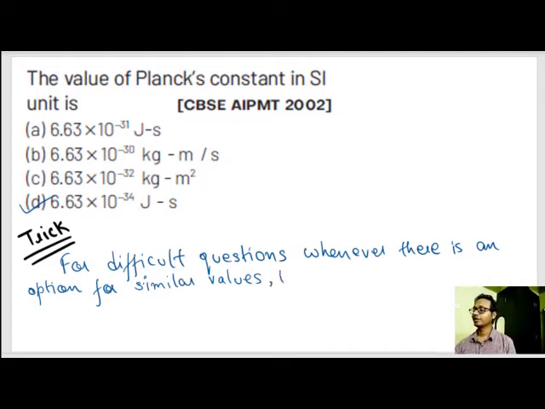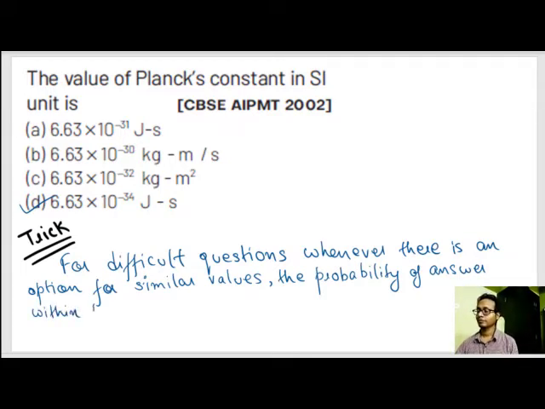Similar values, the probability of the answer being within those 2 options is greater. That means whenever you have 2 similar kinds of options, your correct option is one of those 2.